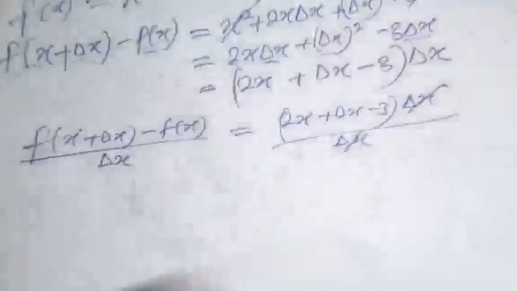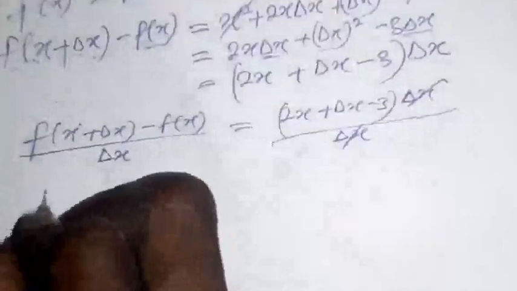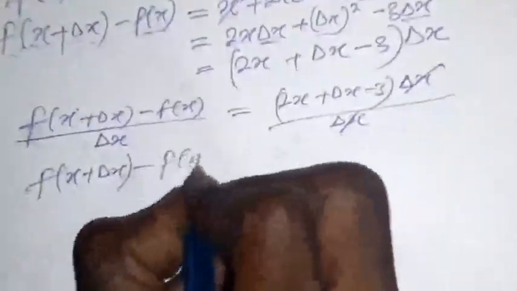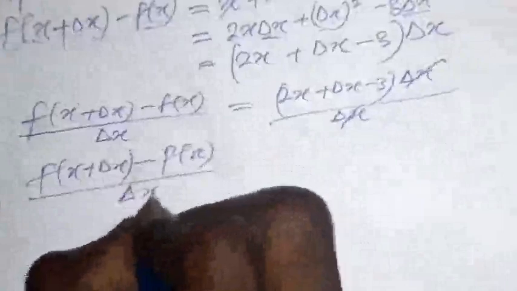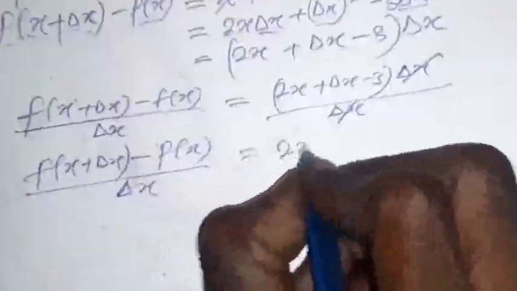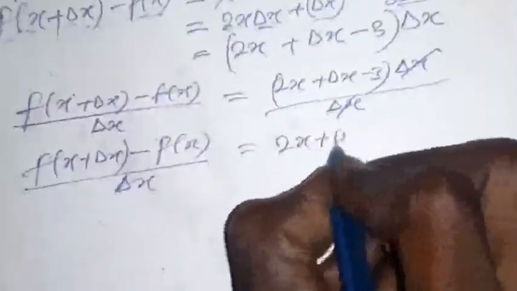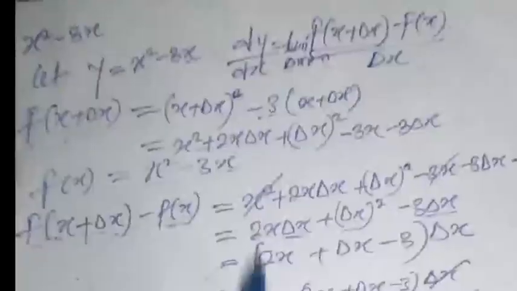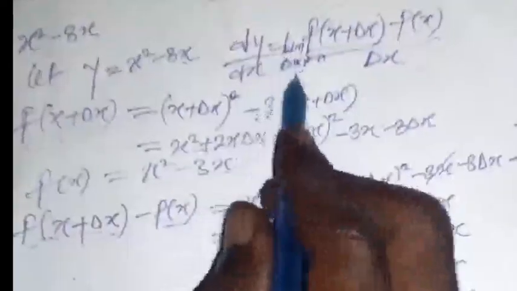This delta x cancels this. We have function of x plus delta x minus function of x over delta x is equal to 2x plus delta x minus 3. Therefore, we apply our limiting value as delta x tends to 0 in order to find our dy dx.